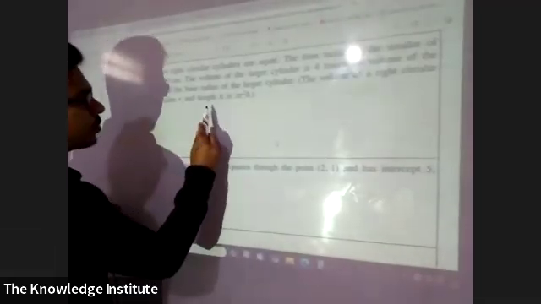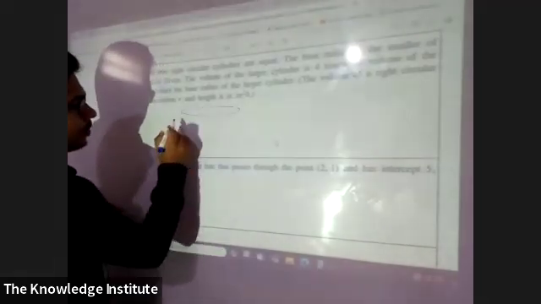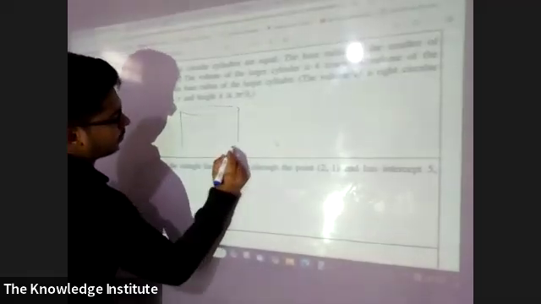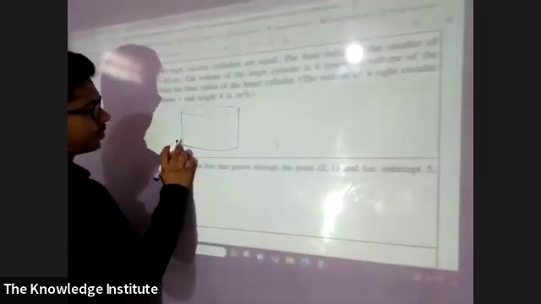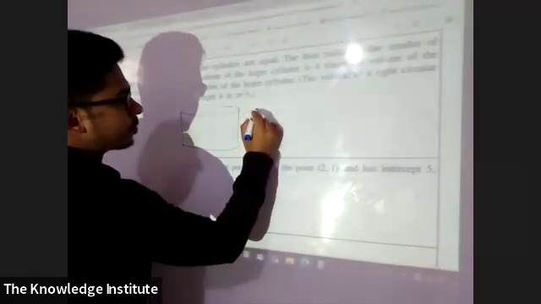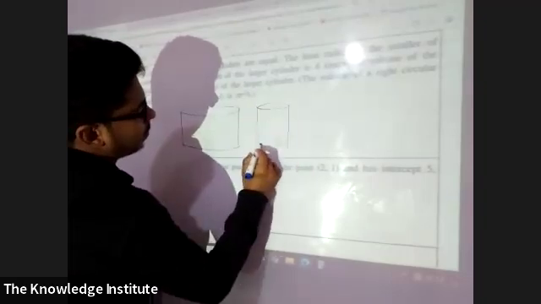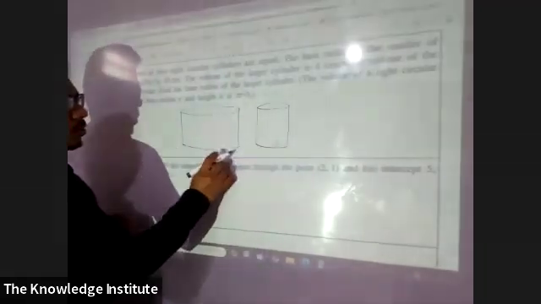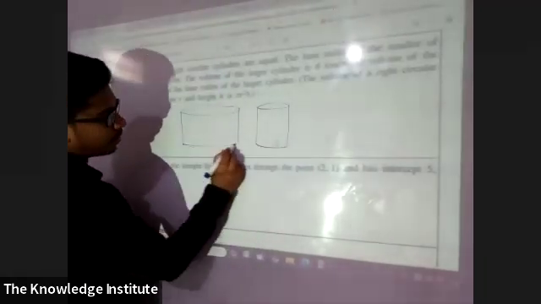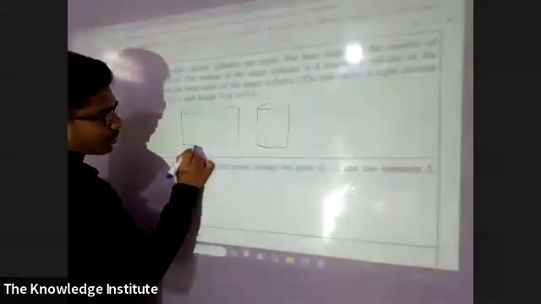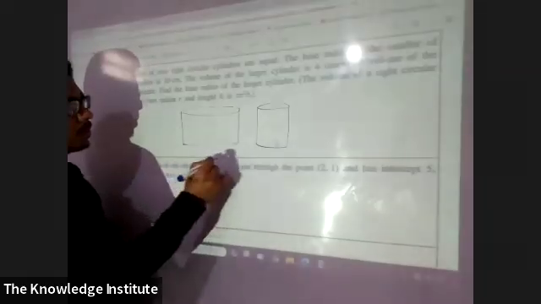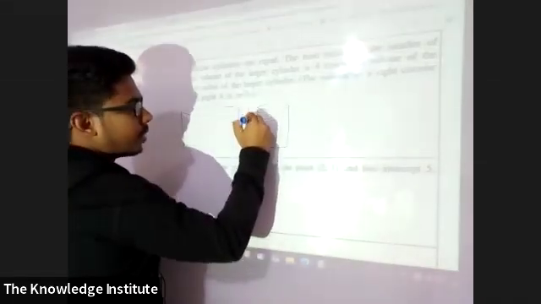So we have two cylinders with the same height. You can see the heights are the same, both have the same height.